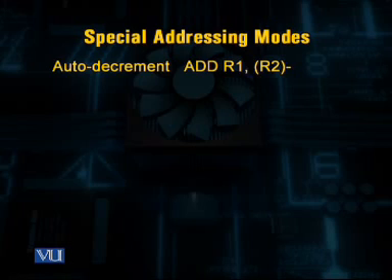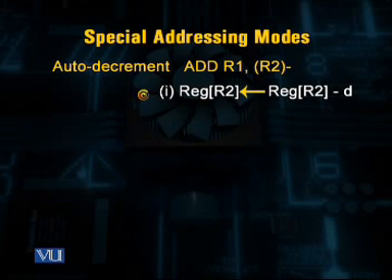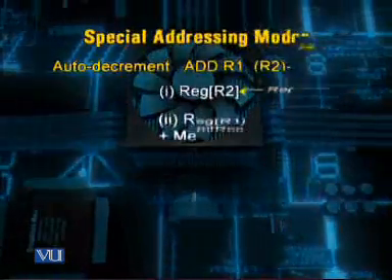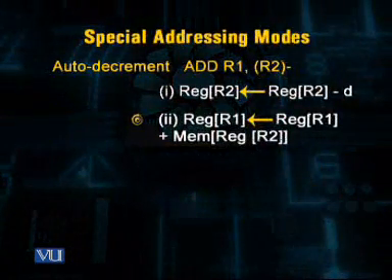When it is executed, this operation is executed in two steps. At the first step, from the contents of the register R2, a value equal to D is subtracted. This value is then transferred into the register R2. This now gives us the address which is to be used for data accessing from the memory, and that data is added into the contents of register R1, and the result is placed in R1.